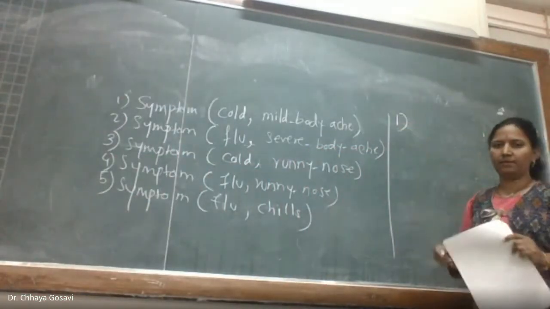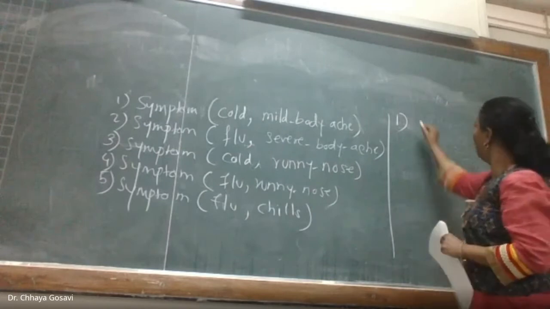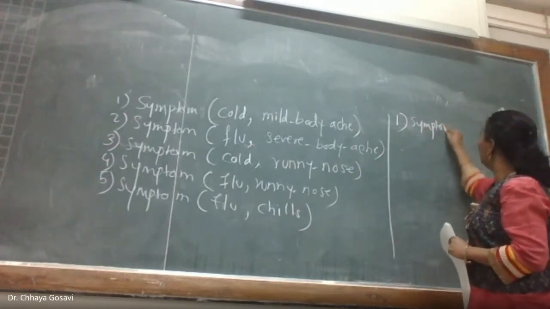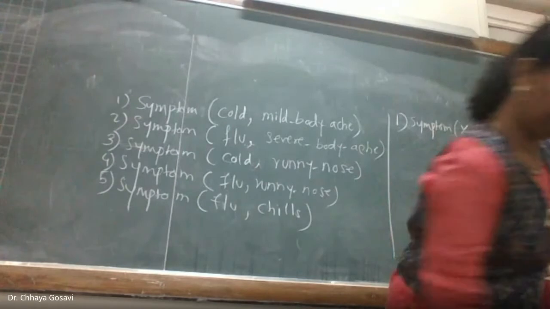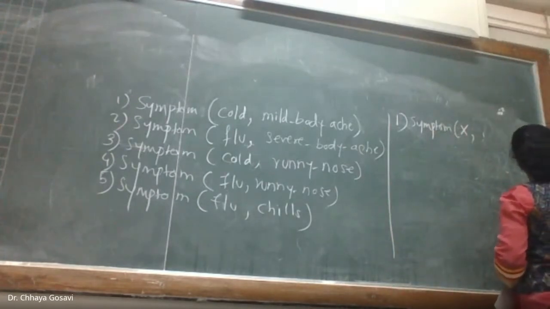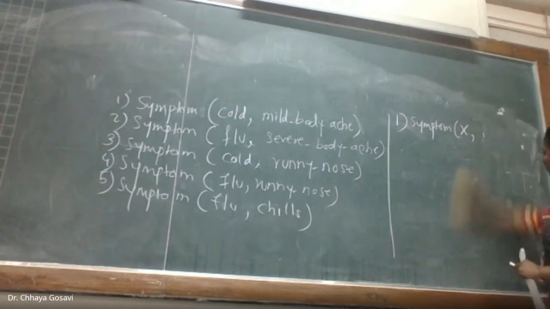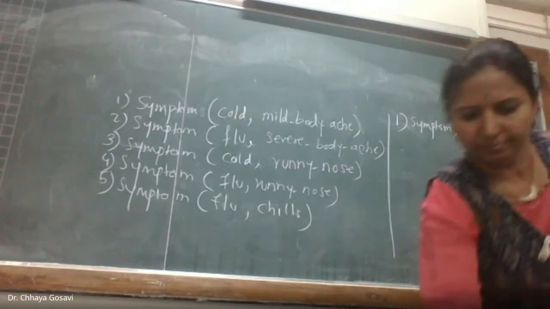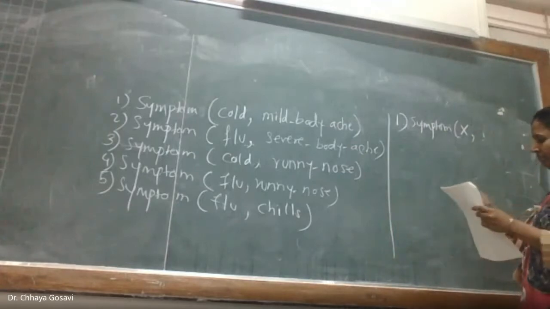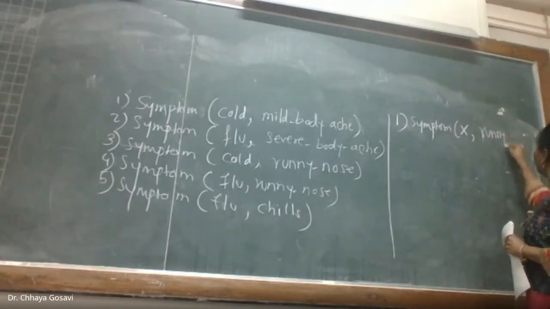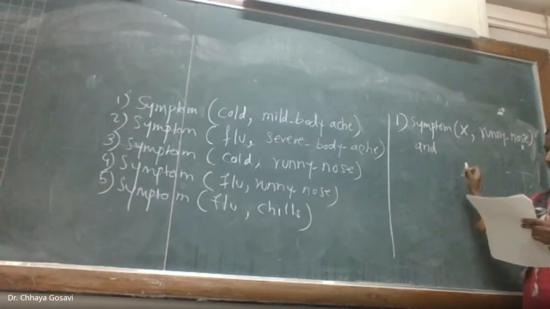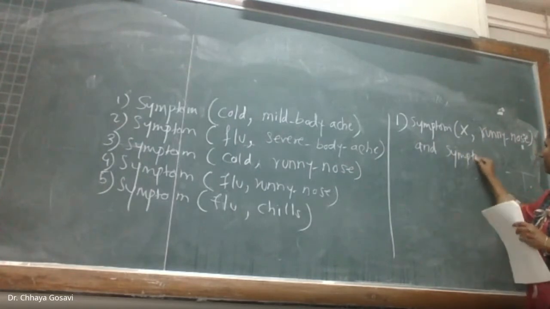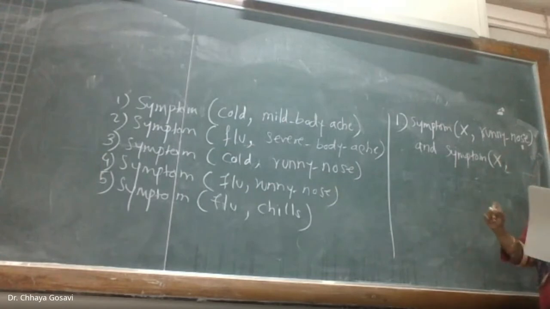First query is symbol X, comma, running nose and symbol X, comma, like a short form, mild body ache.